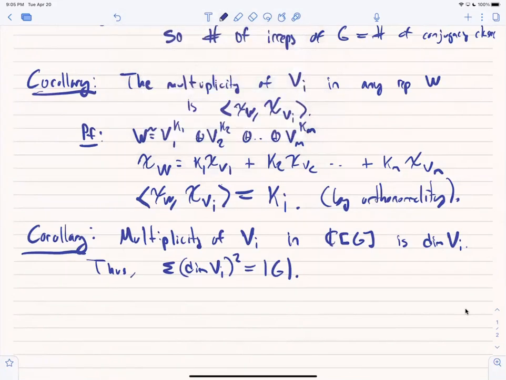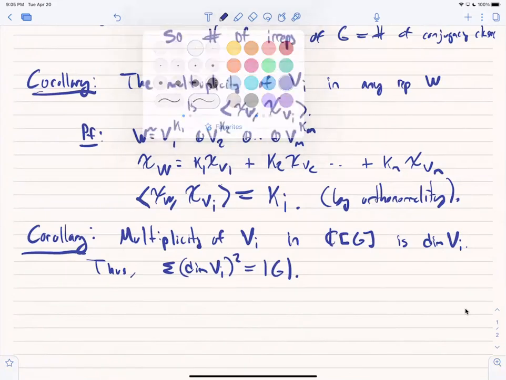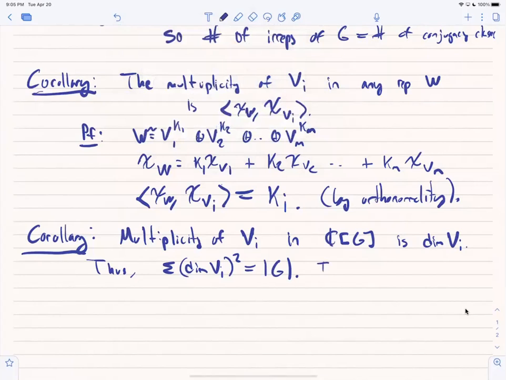Let me add one more statement. In particular, G is abelian if and only if all its irreps are one-dimensional.